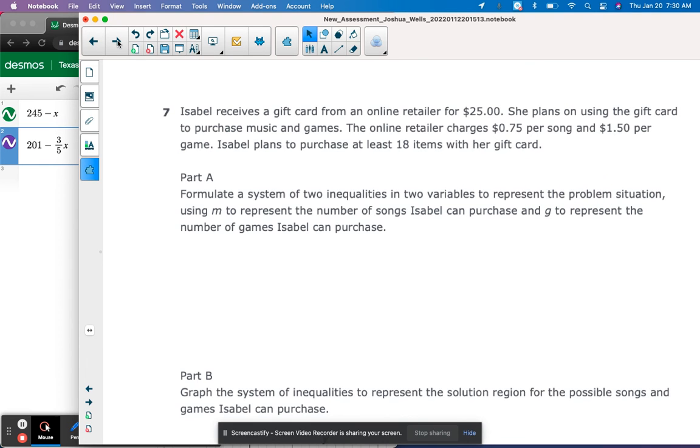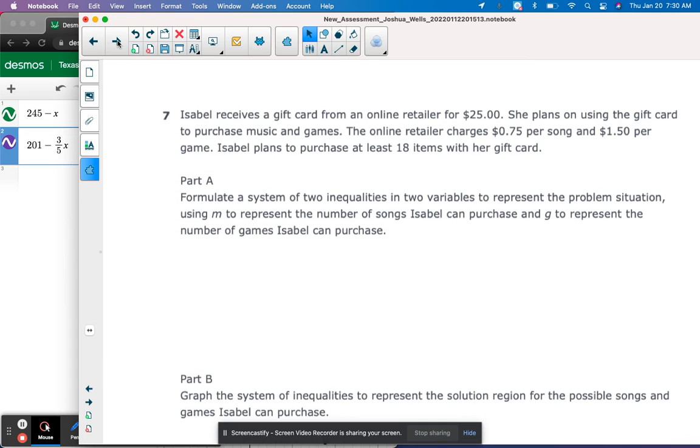All right, for the last and final question, Isabel receives a gift card from an online retailer for $25. She plans on using the gift card to purchase music and games. The online retailer charges 75 cents per song and $1.50 per game.